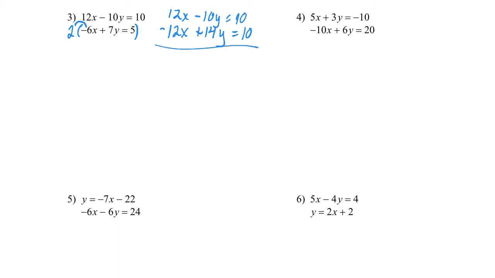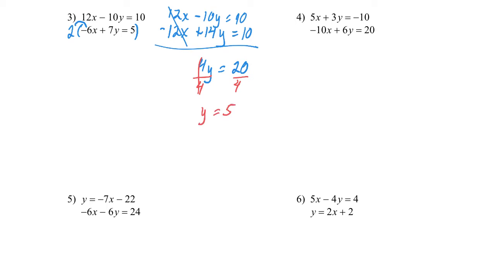So since I have opposites, I can cancel out the 12x's, 12x minus 12x, and they go to 0. Right? So then negative 10y plus 14y is 4y equals 10 plus 10 is 20. Now I just solve this for y by dividing by 4. So I'm going to have y equals 5.